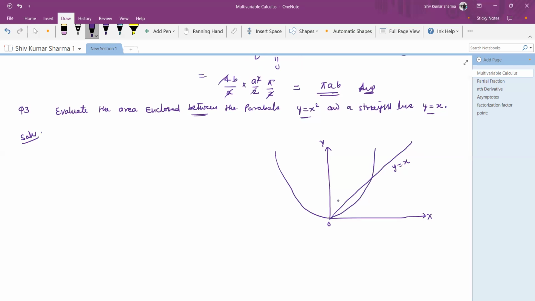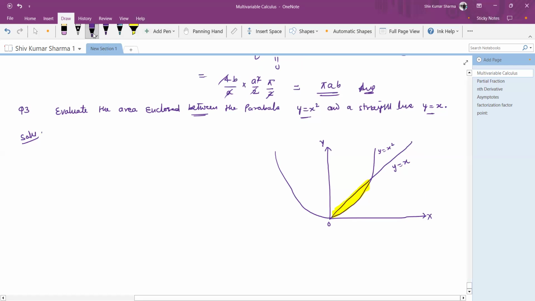So this is the parabola y equal to x square. Now we are going to calculate the area enclosed between these two curves, y equal to x and y equal to x square. This is our shaded region, and we are going to evaluate the area of this particular region.